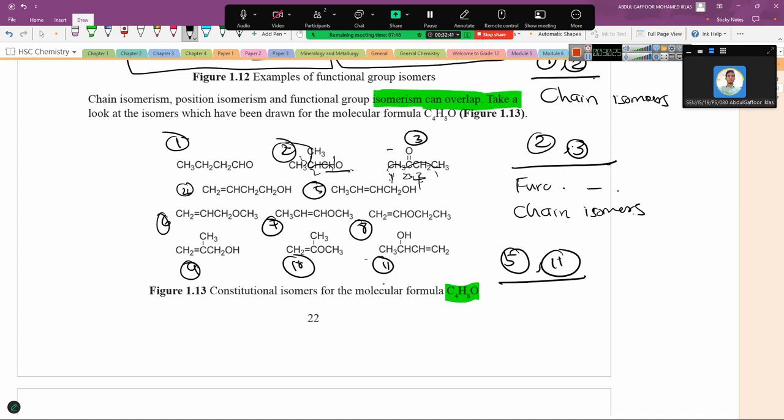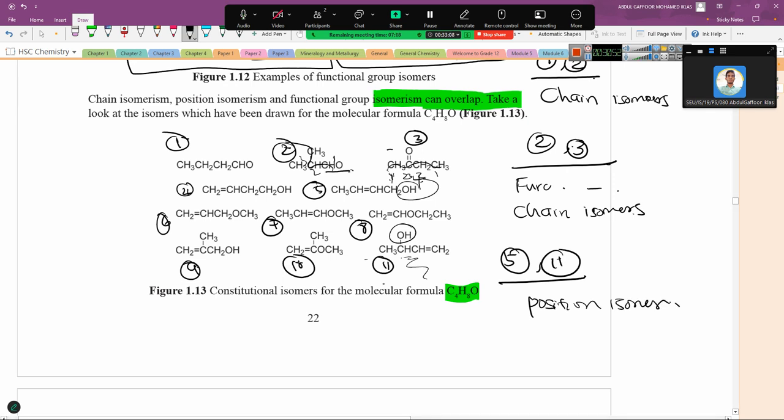What's the third one? Functional group, chain, and position, right? Position. Between 5 and 11, the position is changing, because the functional group is on the second carbon in the 11th one, and here it is on the first carbon. So this is going to be position isomers.